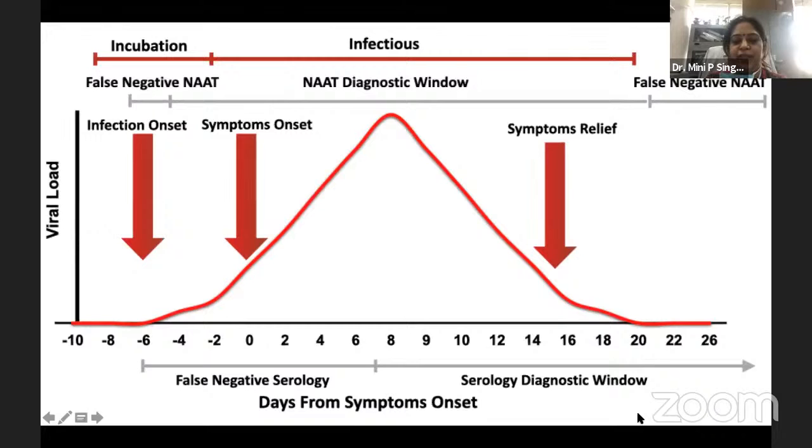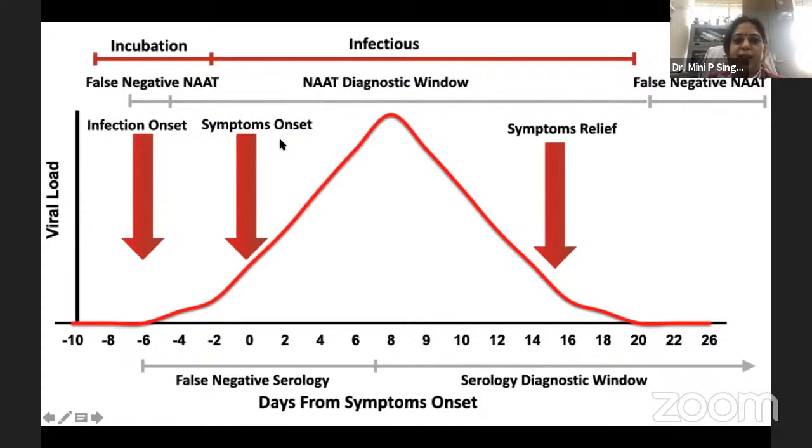Now, as regards which test has to be done, if you look at this figure, it shows the viral load at the time of illness, and the x-axis shows the days from the onset of symptoms of the disease. When a person has the onset of symptoms, in the sense that he develops fever and other symptoms associated with COVID-19, at that time, if you do a molecular test in the form of a real-time PCR, which is usually considered the gold standard, there are high chances of picking up the patient only once the symptoms have started.